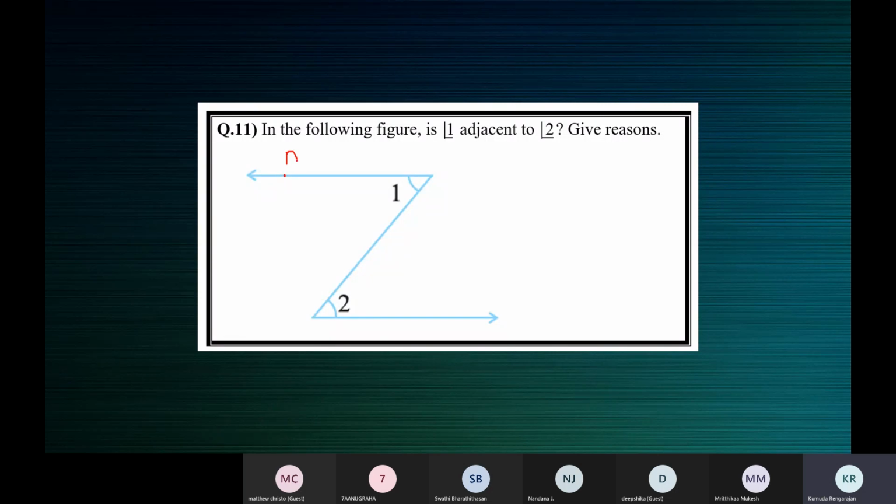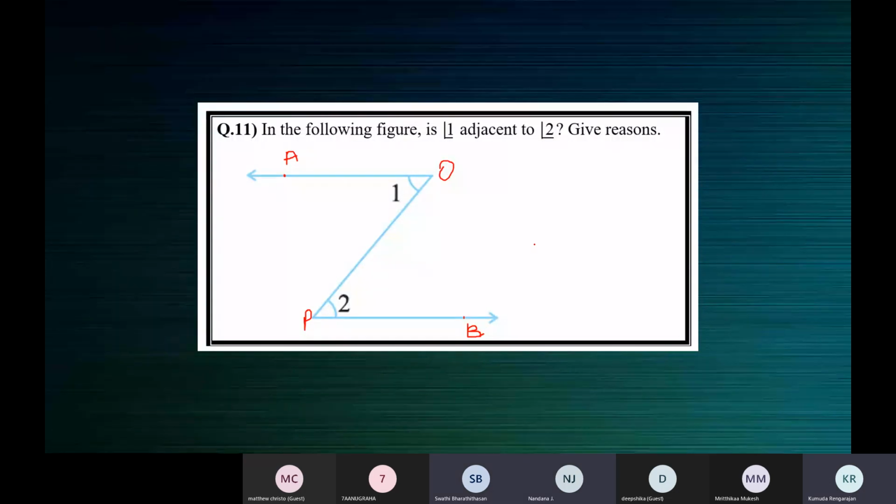Now, if I call this A, this O, P, and B. Which is the vertex of angle 1? O, ma'am. Vertex of angle 2?